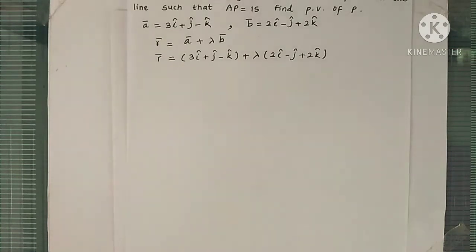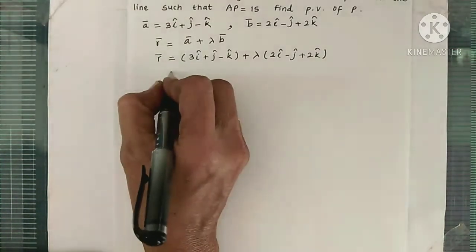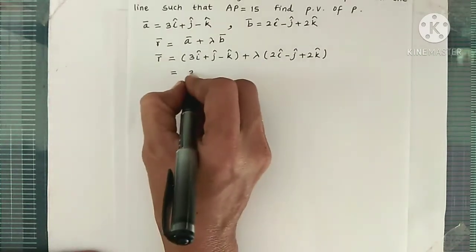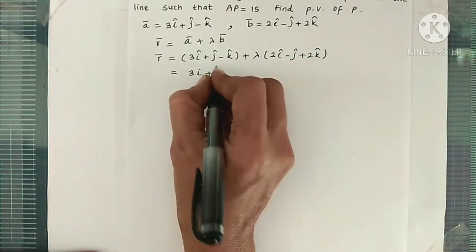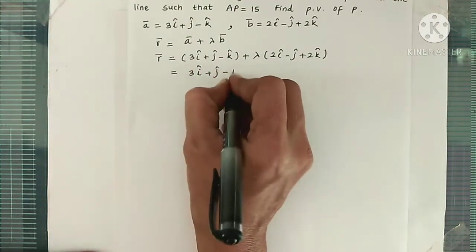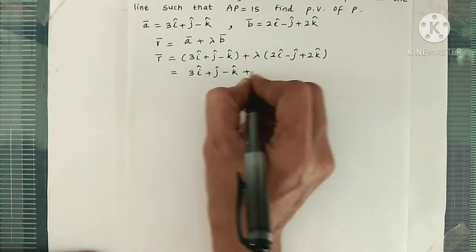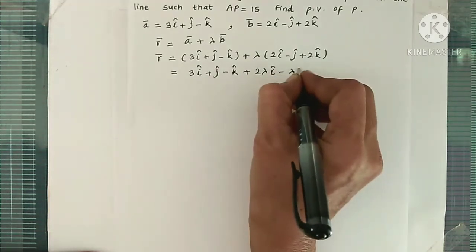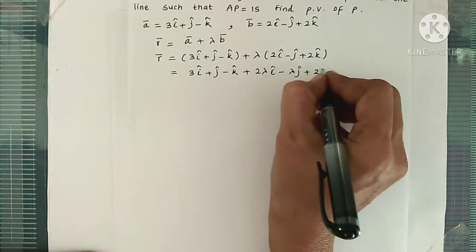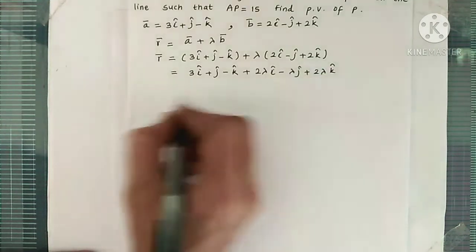For that we need an arbitrary point on the straight line. So the equation of the line is this, that means what? Multiplying by lambda, this becomes 3i cap plus j cap minus k cap plus 2 lambda i cap minus lambda j cap plus 2 lambda k cap.